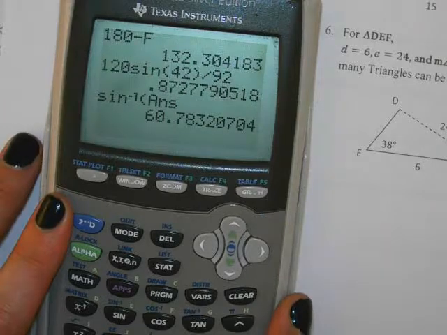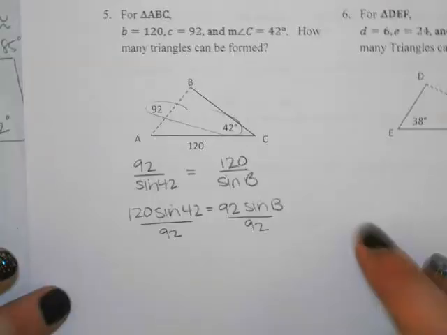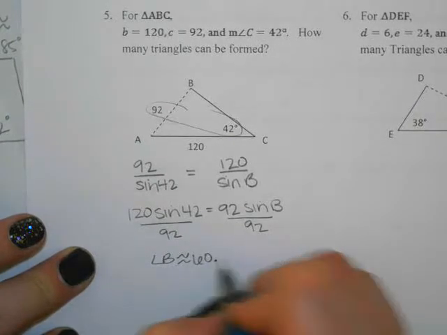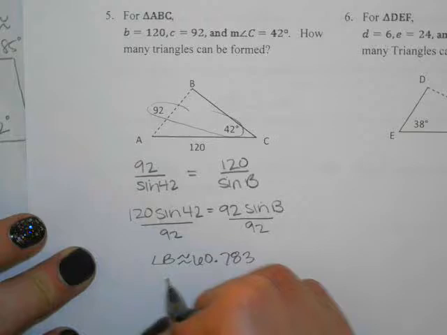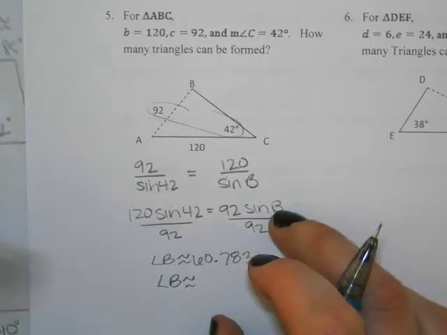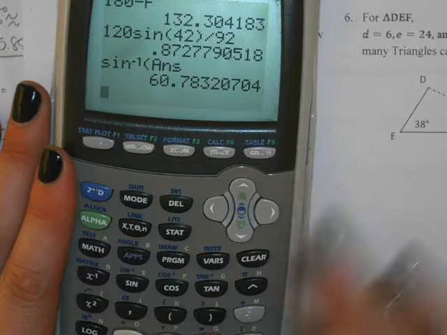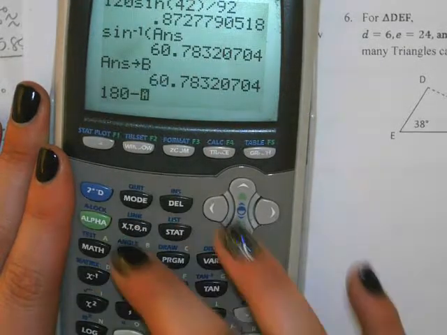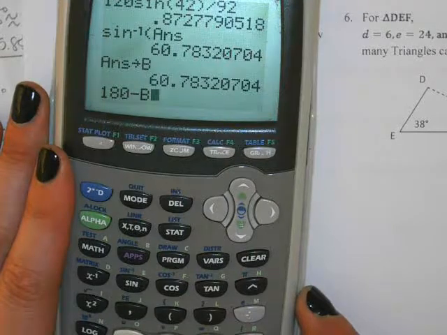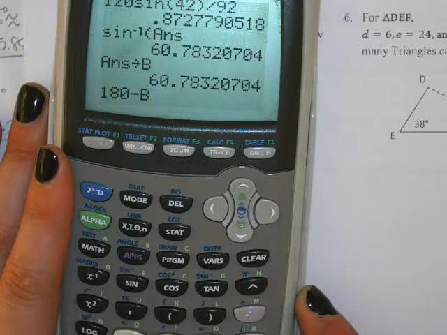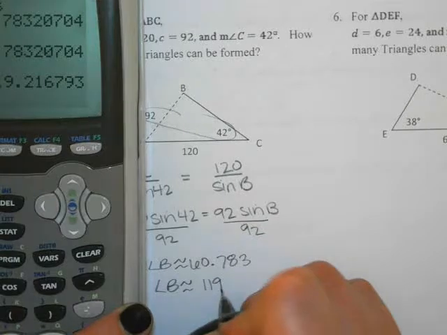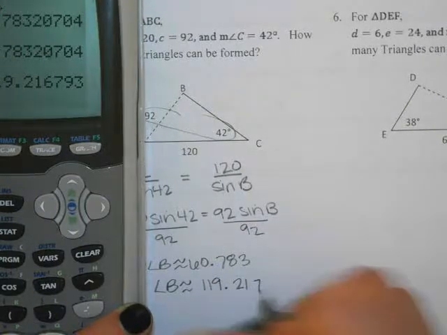And so my first angle B is 60.783. The other angle B is 119.217. Okay.